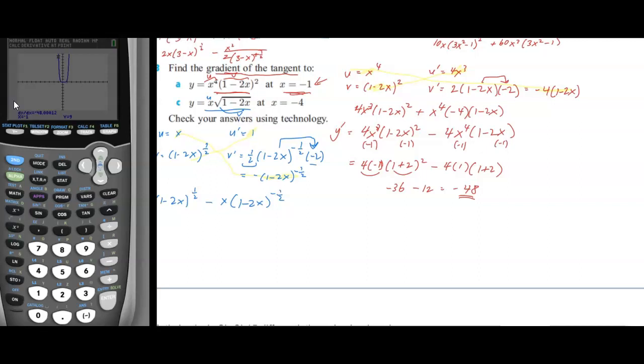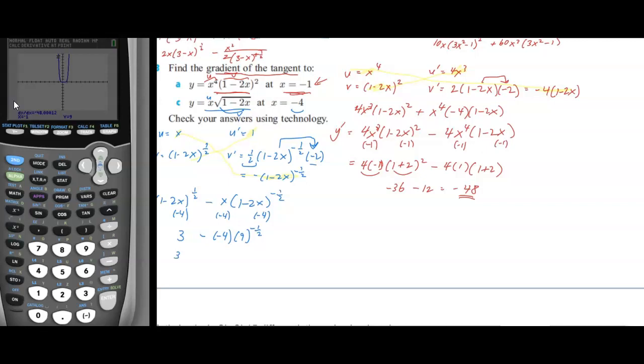Now we substitute in x equals negative 4. So we're going to put negative 4 there, negative 4 there, and negative 4 there. So 1 minus 2 times negative 4, that would be 1 plus 8, which would be 9. Square root of 9 is 3. Negative 4 times, and we put negative 4 in there, we get 1 plus 8, 9. 9 to the negative 1/2 power.